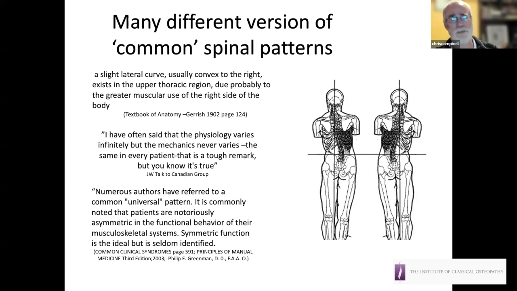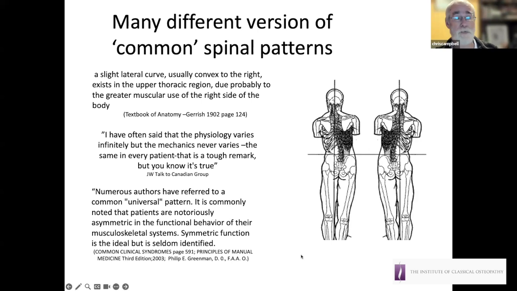You get very different snippets, like in anatomy books, that there's a convex lateral curve in the upper thorax. Some people say, like Gerdish, probably due to greater muscular use on the right-hand side. Wernham, again, saying that the mechanics never vary.